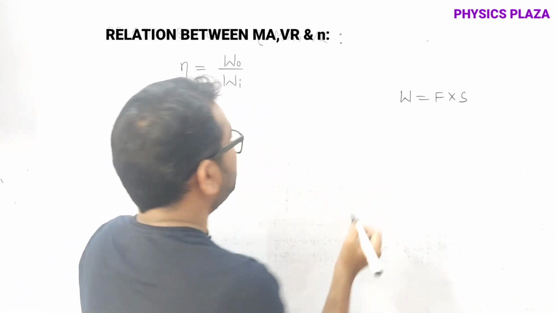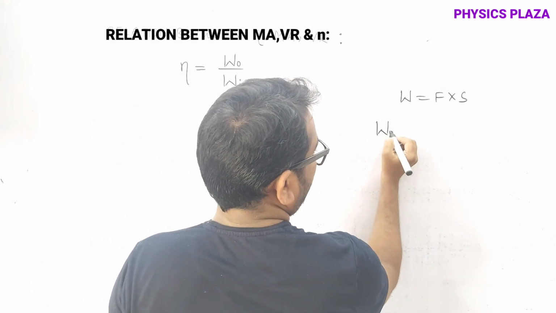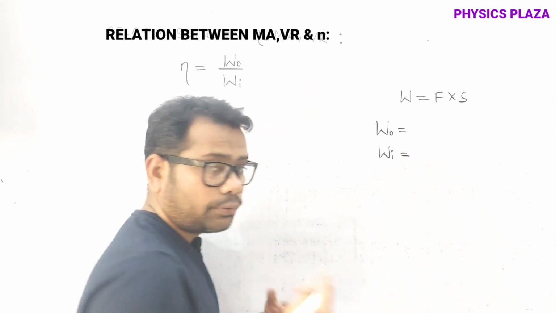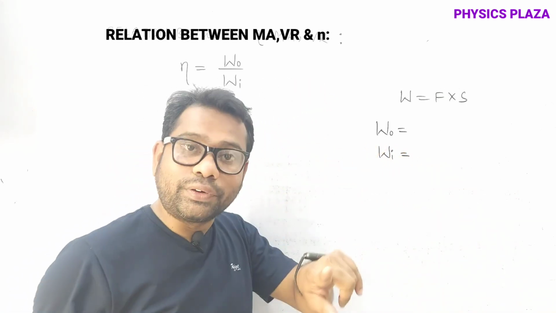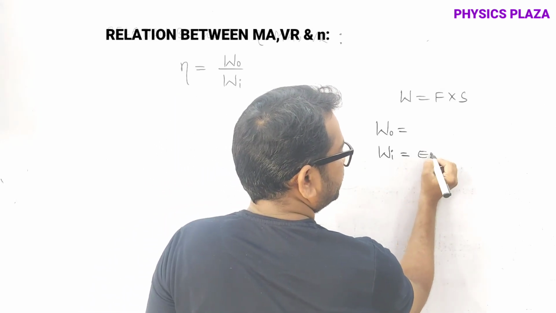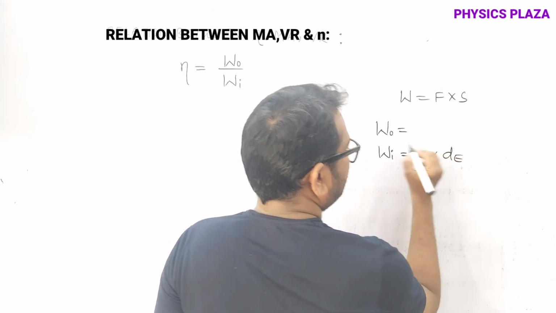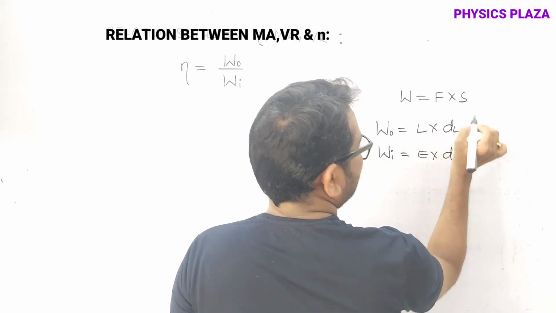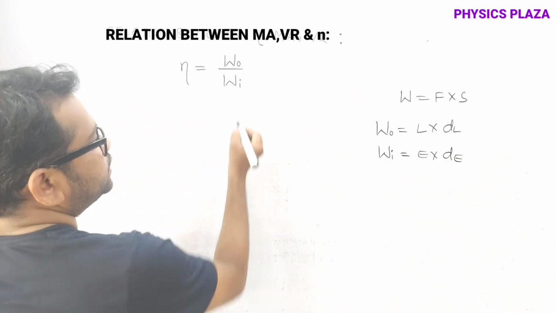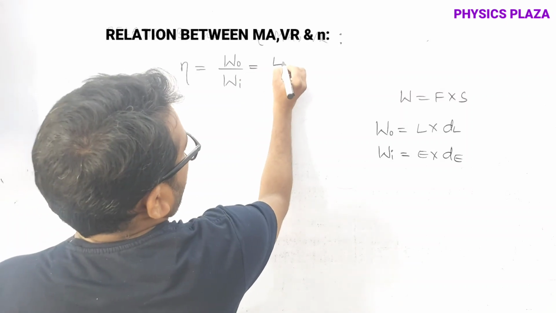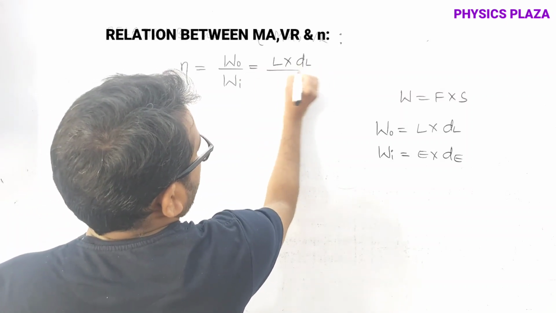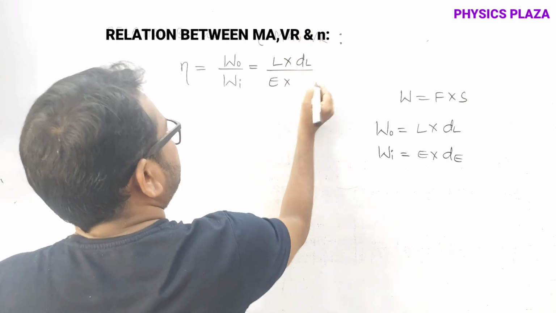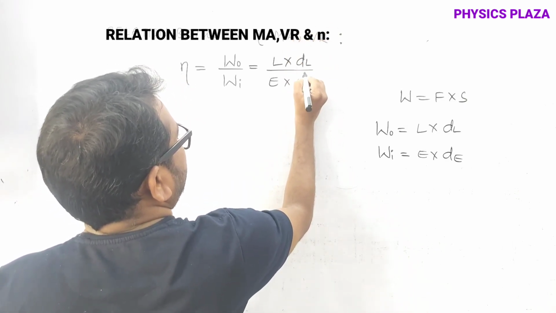Work input is the force we apply on the machine, the effort, into effort displacement. Work output is load into load displacement. Just substitute here. So efficiency is equal to load into load displacement by effort into effort displacement.